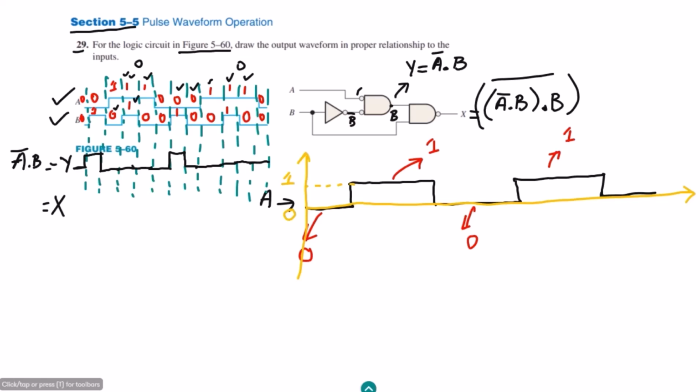A prime dot b is already calculated. What we have to find out is a prime dot b multiplied by b.